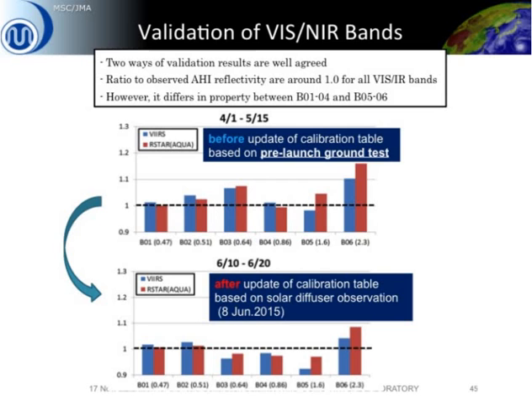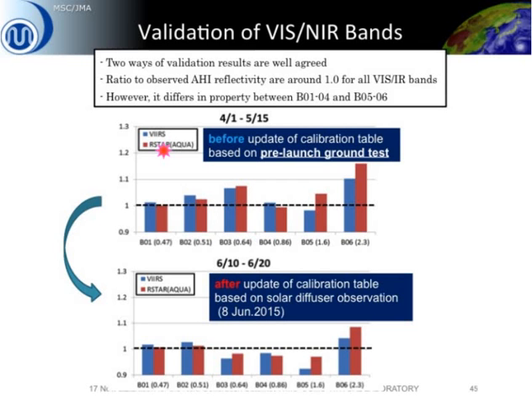And next is validation of visible and near-infrared bands. Those validations are performed by comparison with radiative transfer simulation by ARTSTER and VIIRS observation result. VIIRS is equipped on Suomi NPP satellite by NOAA. This bar graph shows the reflectivity ratio of AHI to VIIRS and AHI to ARTSTER. The ratio to VIIRS is in blue, and the ratio to ARTSTER is in red.